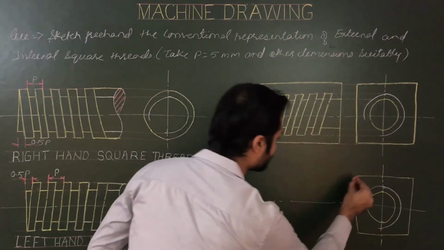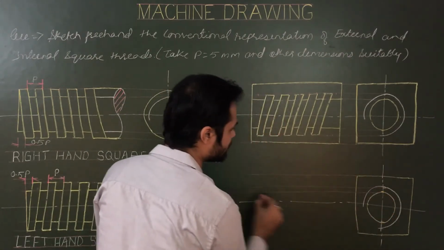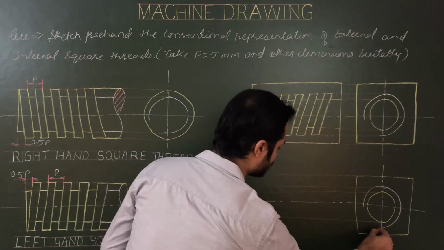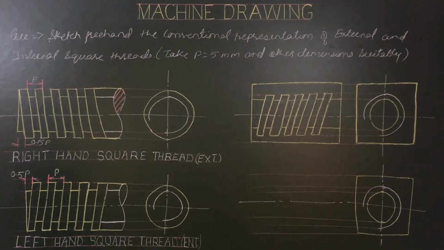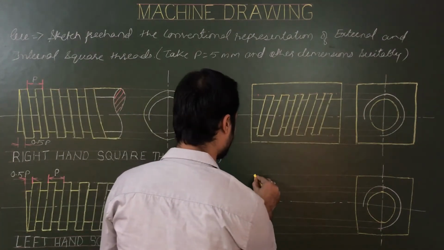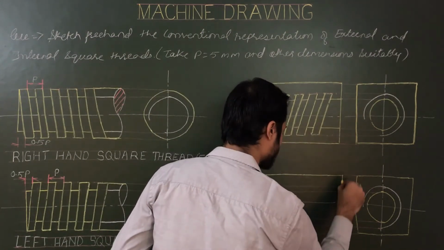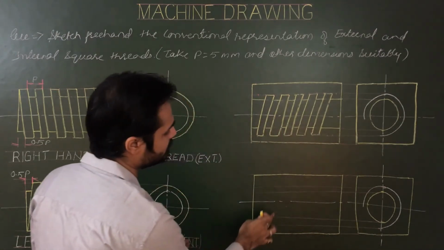right, and then projectors, or simply we have to catch these limits for front view. So draw lines parallel to xy. Then what to do? Again box for its front view, and now we have these limits.